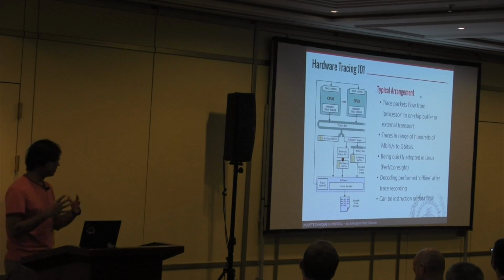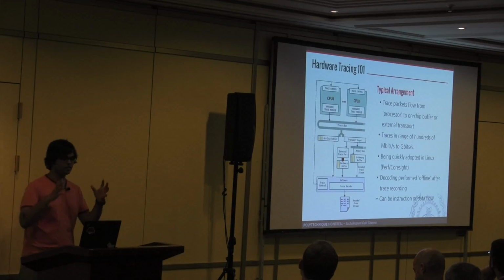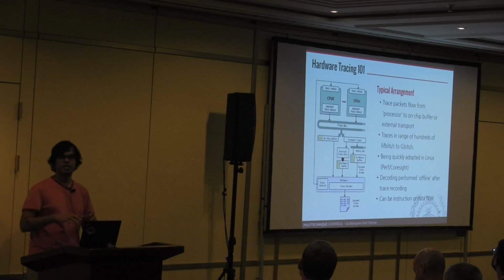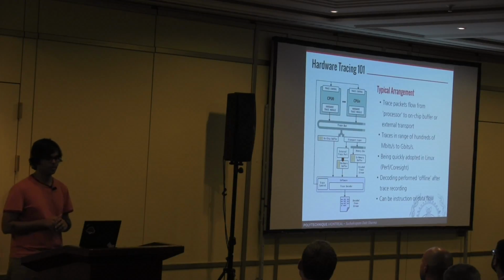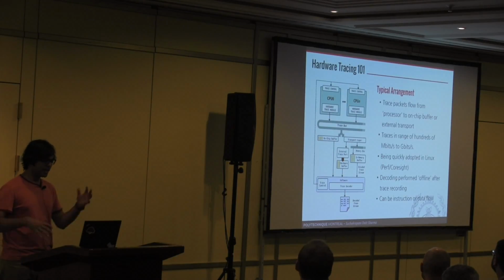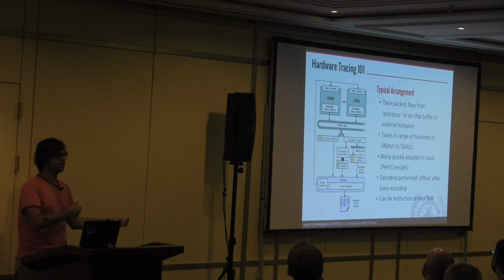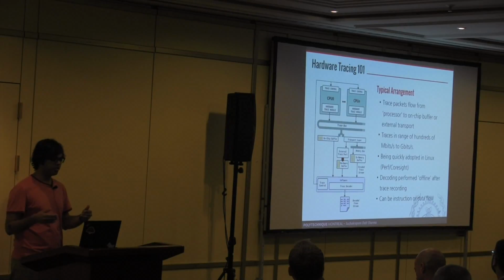So what's hardware tracing? What's the typical arrangement? This is what I came up with from analysis of the trace infrastructure in different processors. There can be multiple CPUs, and they all have trace modules. There's a dedicated trace bus, though some of them may not have it. The data comes on the trace bus.